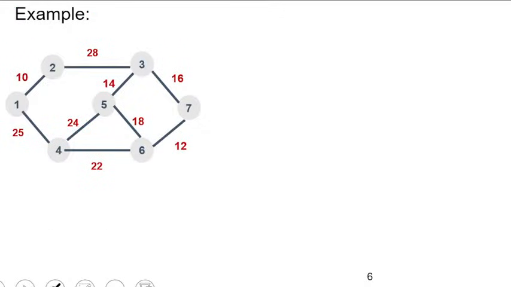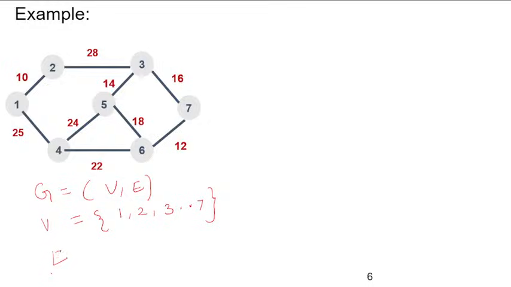So let us consider the graph. So this graph is represented mathematically as G, which is a set of V, E. V means the set of vertices. Here it is a set of vertices 1, 2, 3, etc. up to 7. There are 7 vertices, and E means edges.